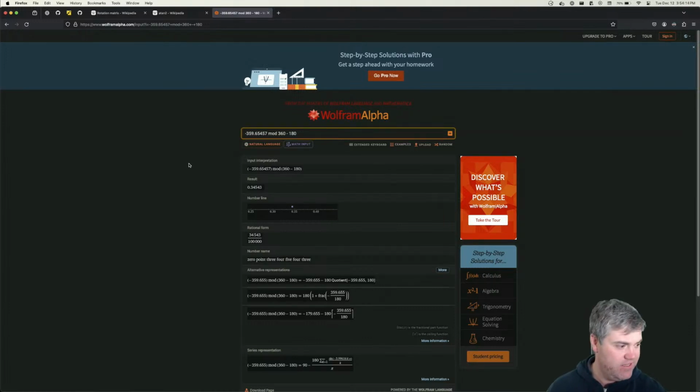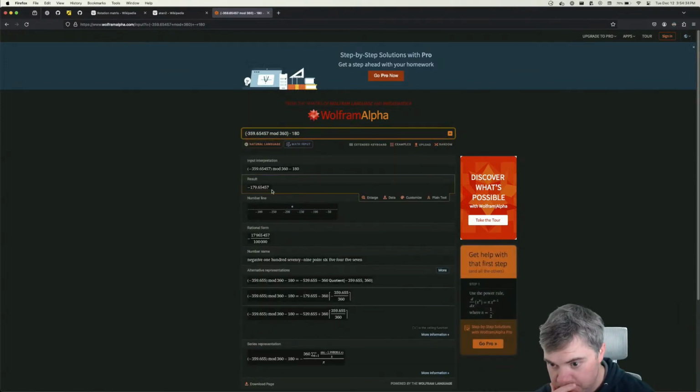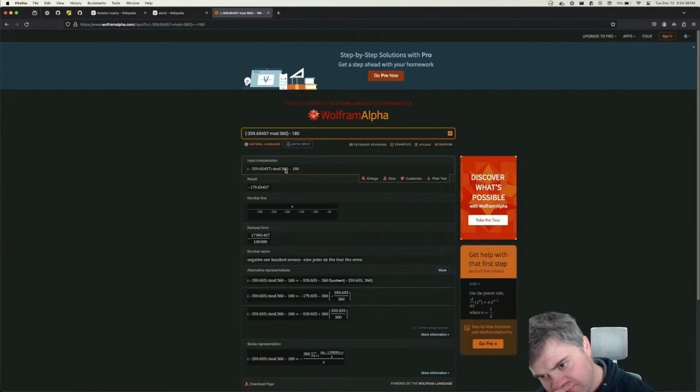Yeah, it interpreted the percent as percentage, which I did not want. Look at the input interpretation. It puts the parens in the wrong place. Oh, yeah, that's wrong. I want... How do I get it to mod?